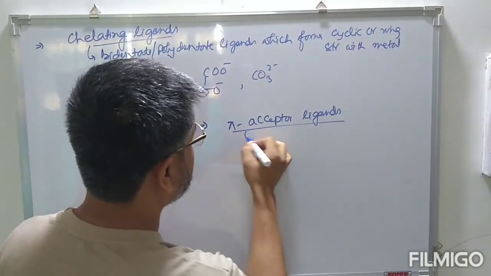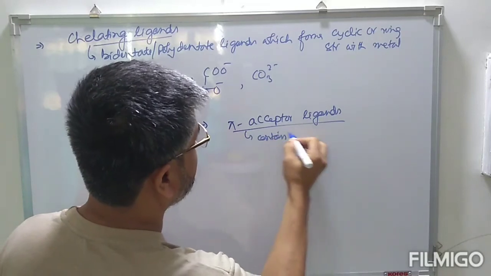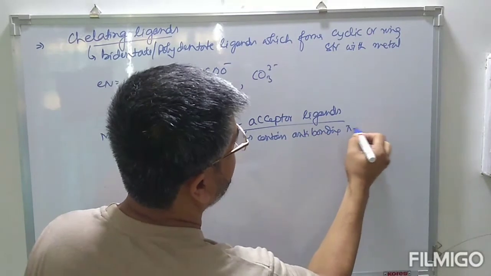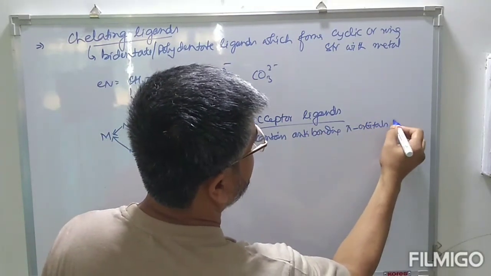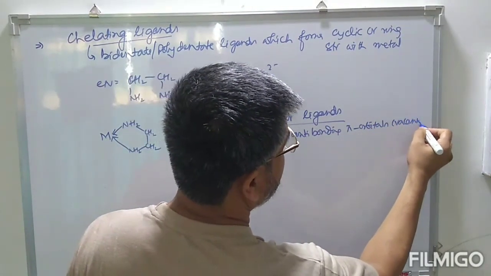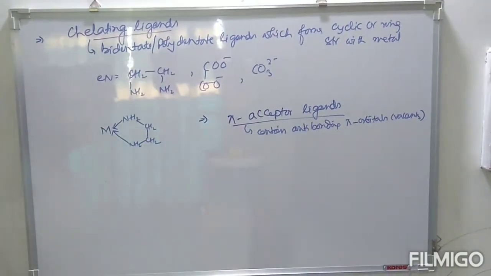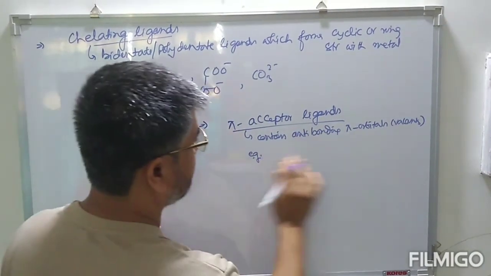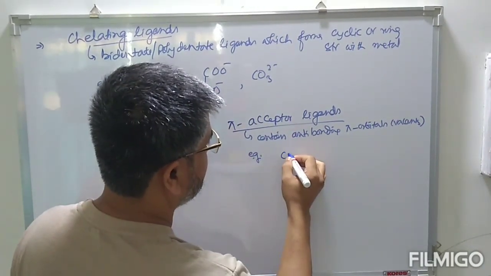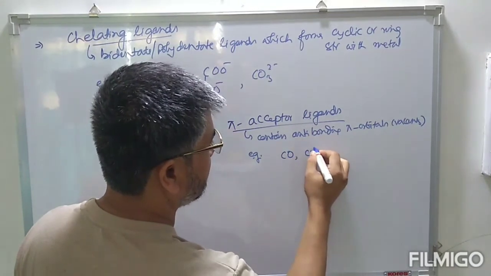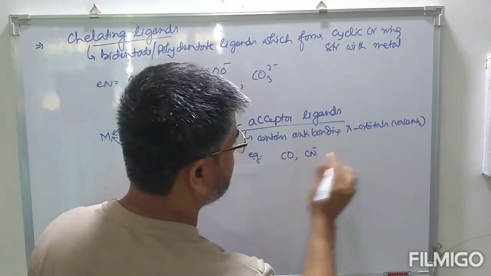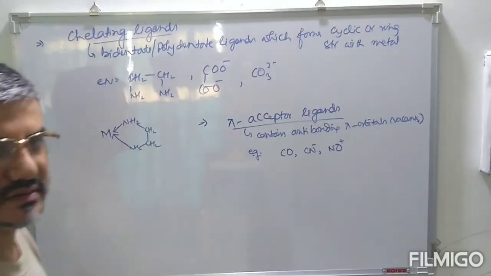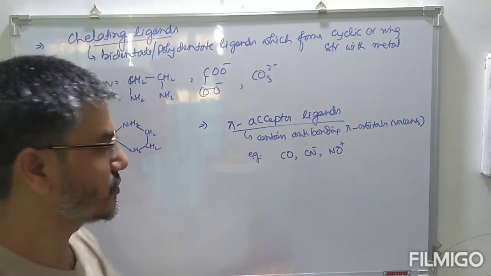So these ligands contain vacant anti-bonding pi orbitals through which electrons can be accepted. Examples: carbon monoxide, Cl minus, NO plus, and we can have others also.